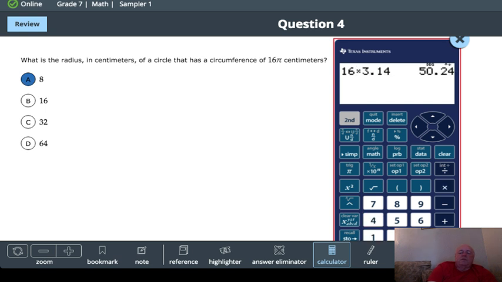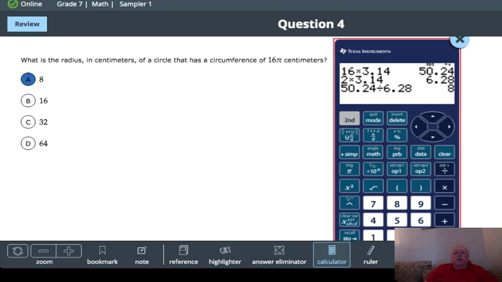That gets us 50.24, and we also had 2 pi, so 2 times 3.14 is 6.28. If we take 50.24 divided by 6.28, we get 8. So we have a way to double check it.